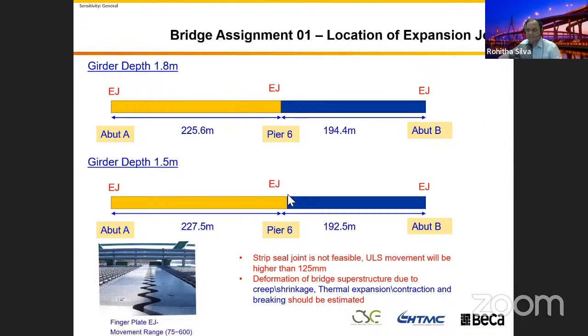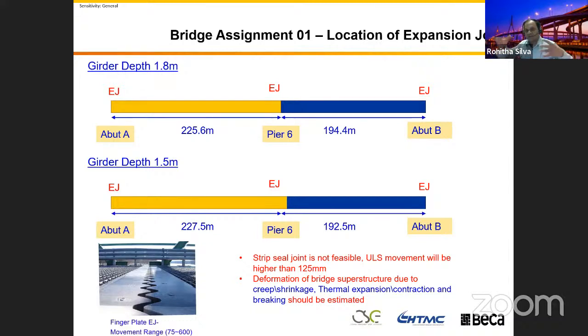During rain, the water is going to this one. You need to have a drainage gutter running underneath this. Then you need to have a big gap between your girder. This thing you need to edit, you need to change because you are doing concept design. Don't worry about that.